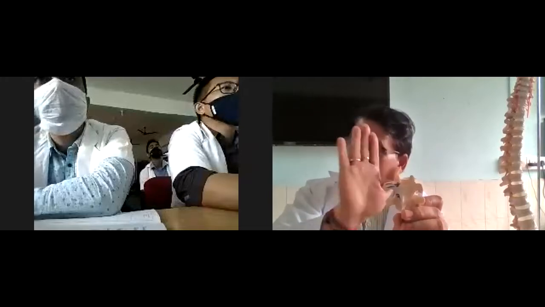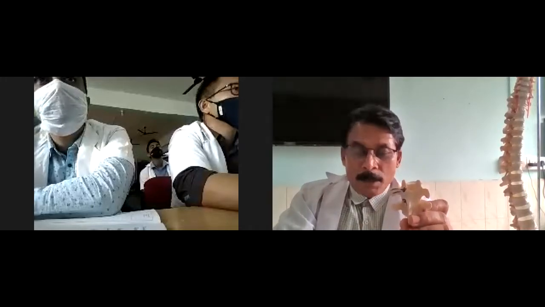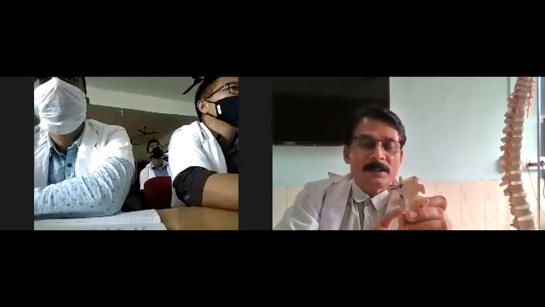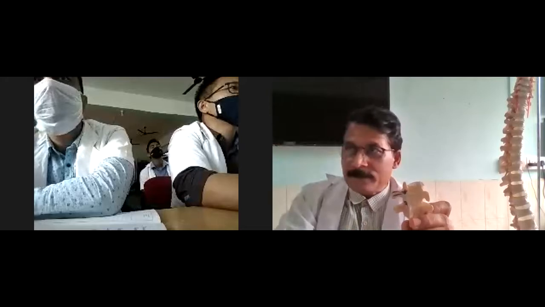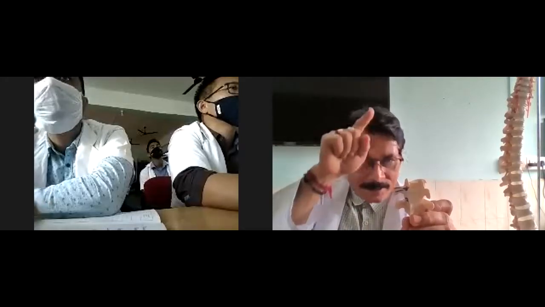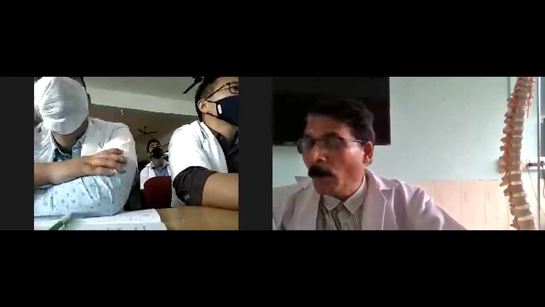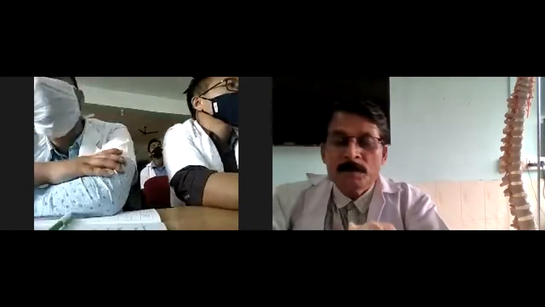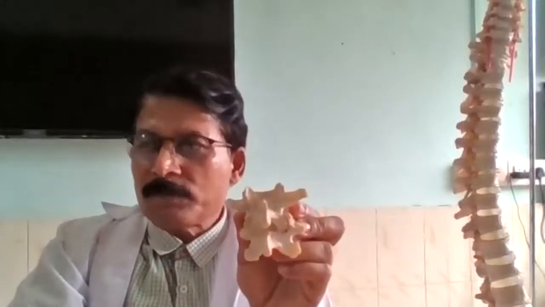See, it is lying anterior-posterior. Whereas this same articular joint is lying obliquely in the cervical spine. And the same joint, if you go down below in the lumbar area, you will find it is lying like this, side to side. So this orientation is very important to understand also.